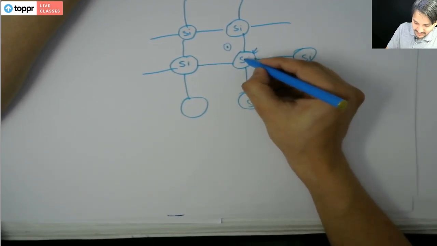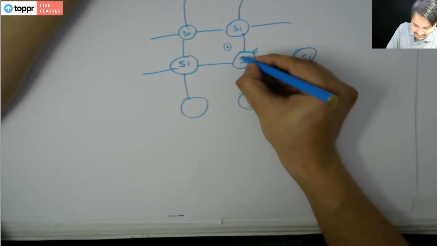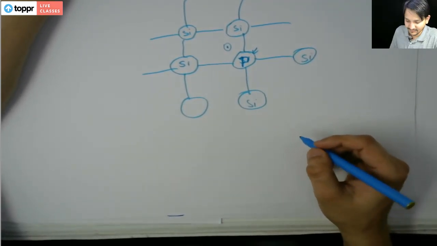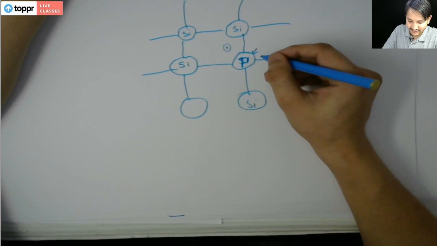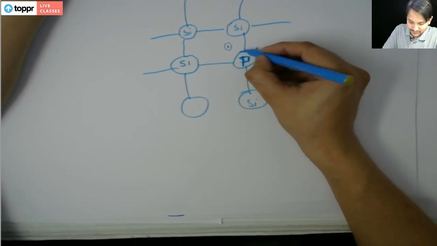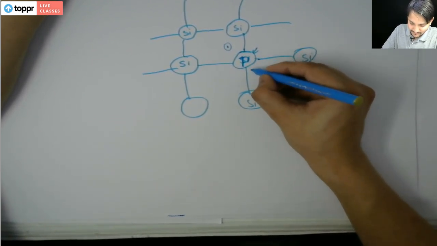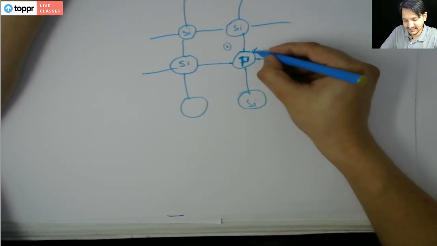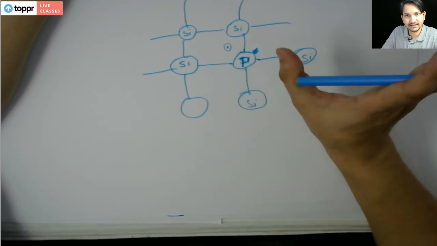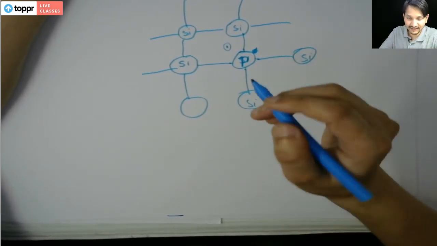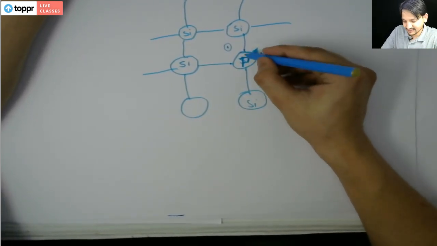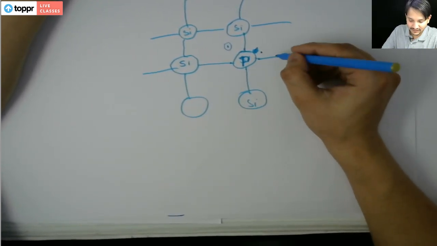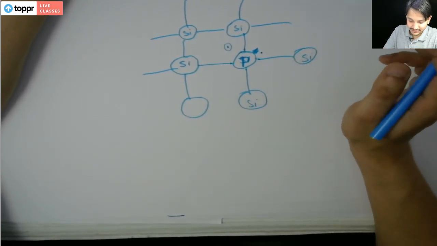So let me remove this silicon and put a phosphorus here. You know, phosphorus has 5 electrons in its outer shell. So 4 will work in the same way as earlier, like silicon, but 1 electron is still available, and this is a negative charge that is free for electronic conduction.